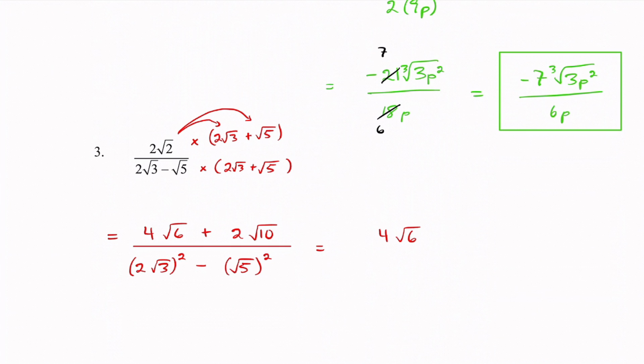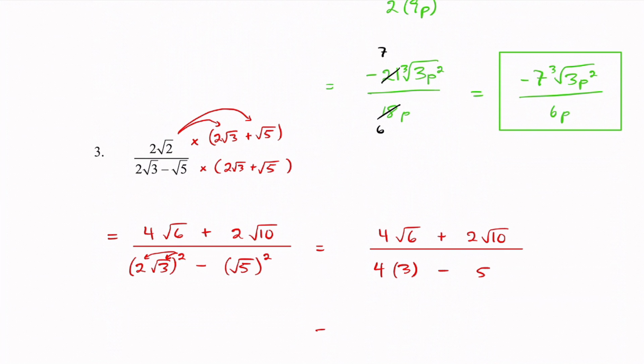We'll just keep it as 4 root 6 plus 2 root 10. And in the denominator, I'm going to square those terms. So we got to square the 2 and square the square root 3. So 2 squared is 4, and square root 3 is just 3. So I'm going to have 4 times 3. With the second one, square root 5 squared, that just equals 5.